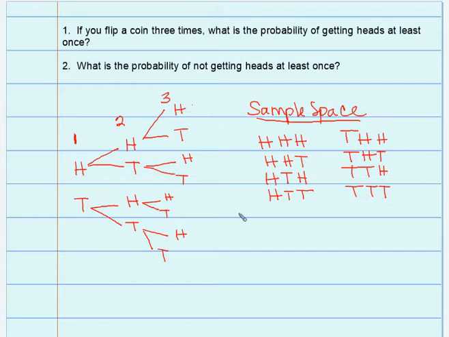So this is how I want you to write your sample space. You just trace each of those branches till their end point.